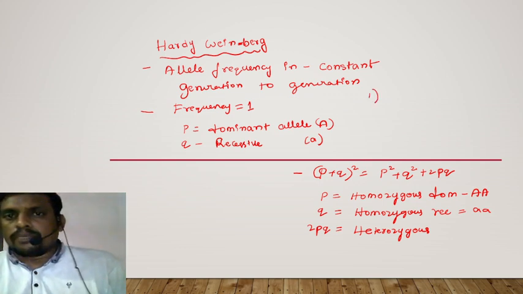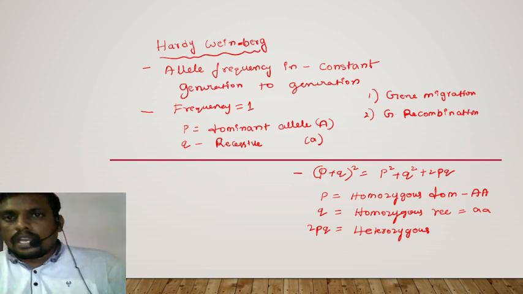Factor number 1, gene migration. Factor number 2, genetic recombination. Factor number 3, mutations.